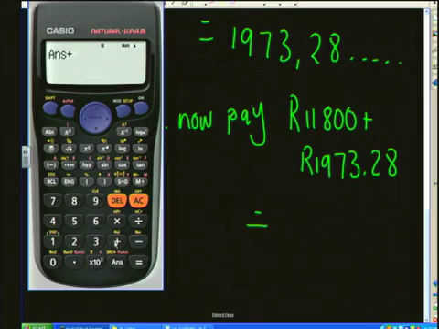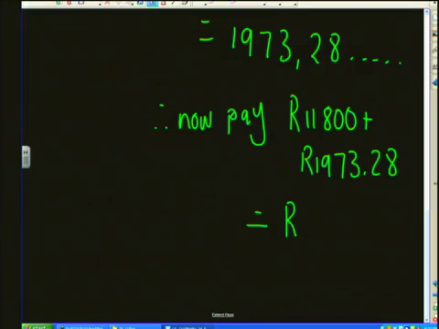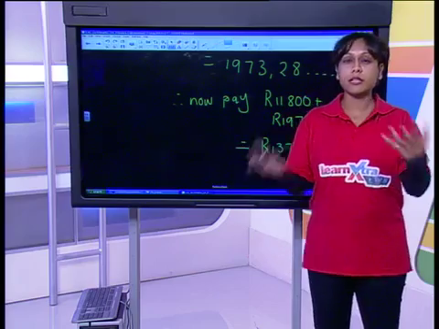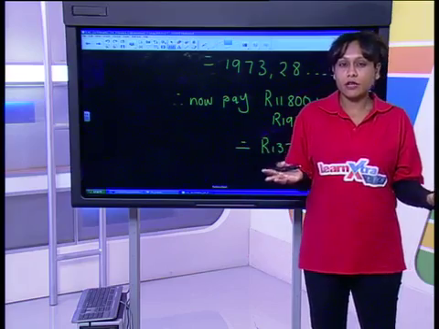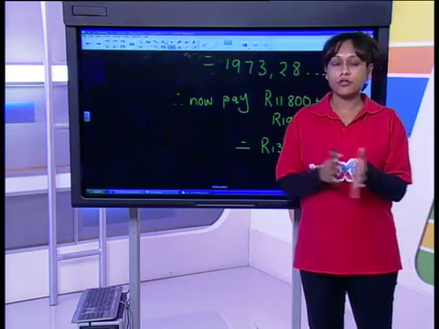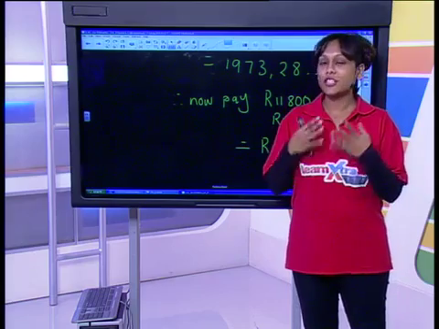So we're going to add to that 11,800 rand, and we get 13,773 rand and 29 cents. So you're paying close to 2,000 rand more just within a year, because of how these exchange rates have fluctuated.